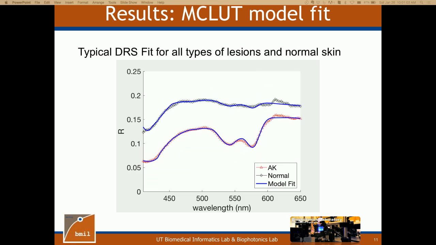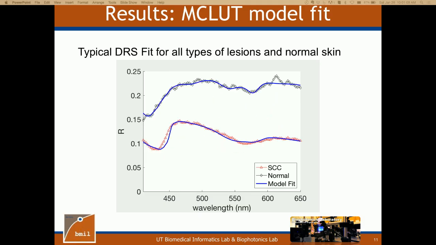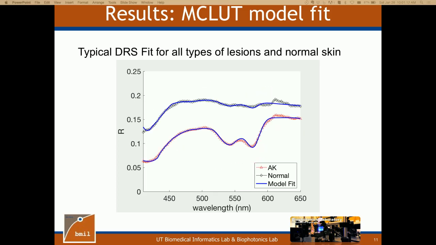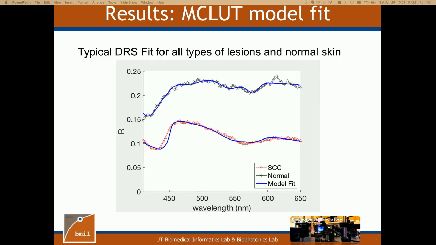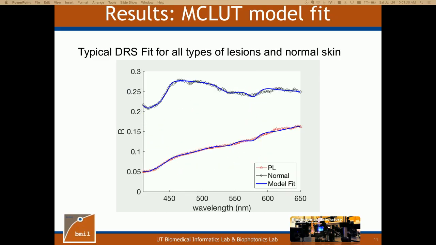So you can see the black diamond represents the normal skin, and the red triangle represents the lesion. The fits look good, but how about the extracted parameters?